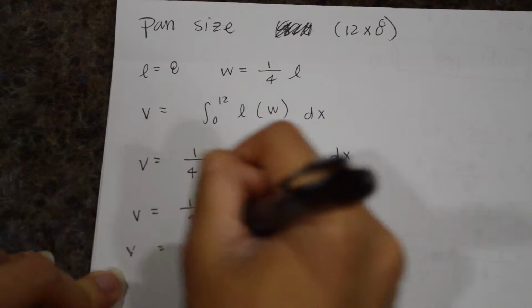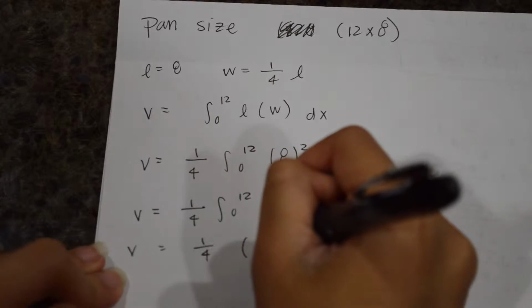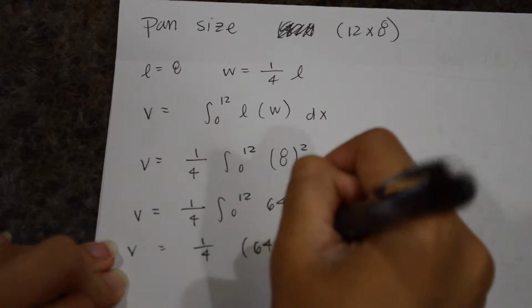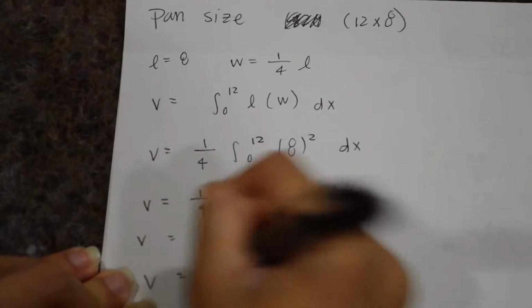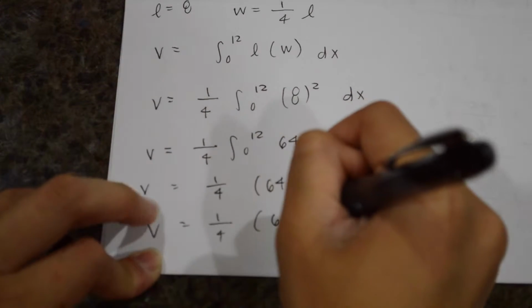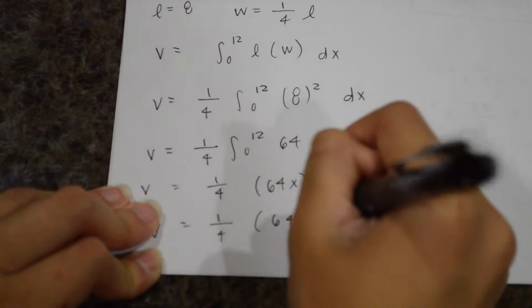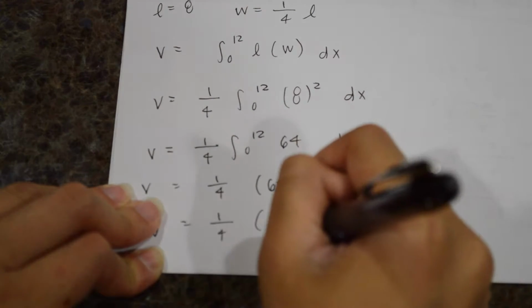And then we're going to find the antiderivative of 64, which would just be 64x. And now let's plug in the upper bound and the lower bound. So 1/4 times 64 times 12, which is 768.